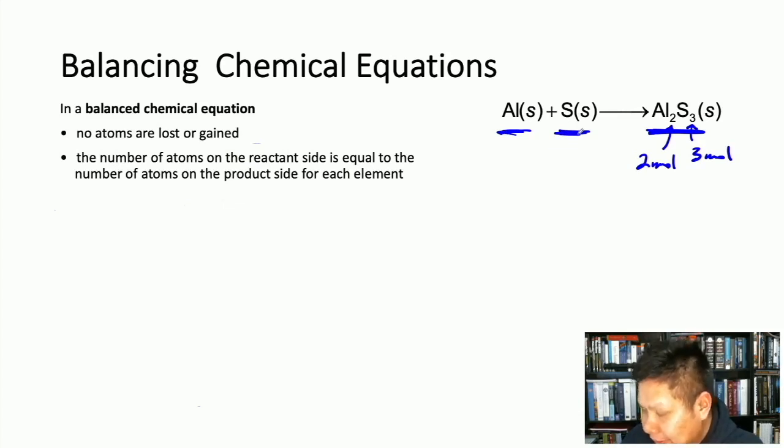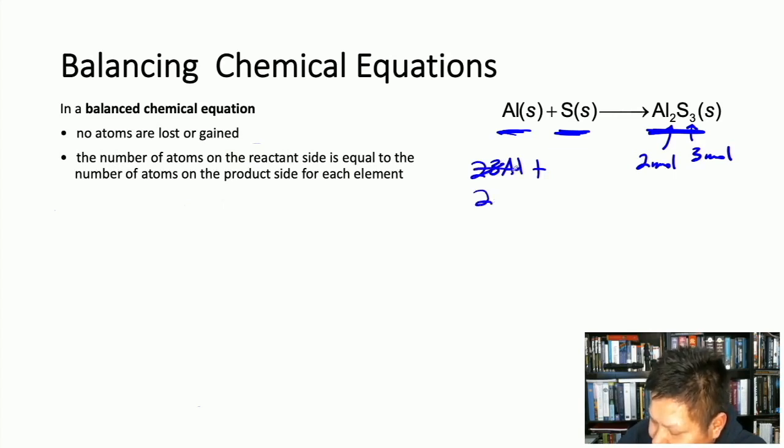So how do we make it so that this equation is balanced? Quite simple, right? All you need to do is make it so that there are 2 moles of aluminum. Let me write that again. 2 moles of aluminum plus 3 moles of sulfur, right?